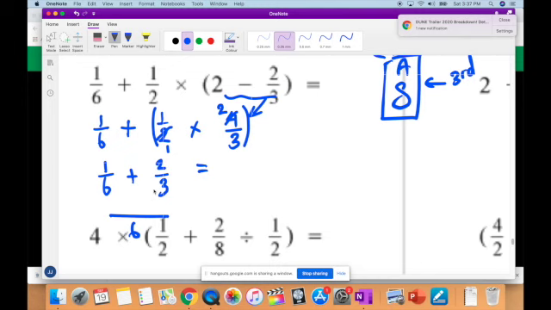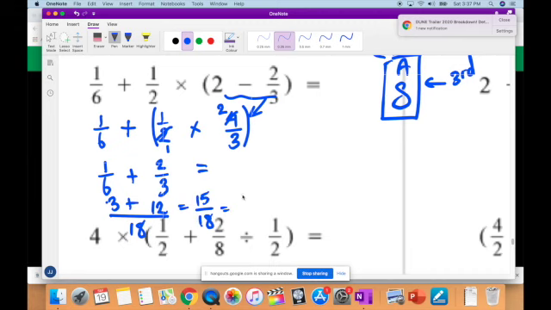Remember the surefire way I was saying to do it: 6 3s are 18, and then just cross multiply. So 6 2s are 12. The 12 will come on this side because that is where the 2 is, and 3 1s are 3. So now you'll have 12, 13, 14, 15 over 18.